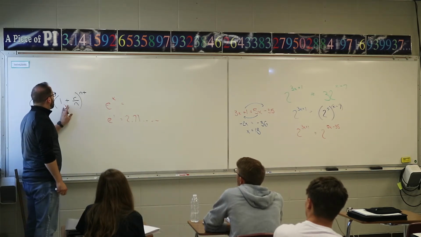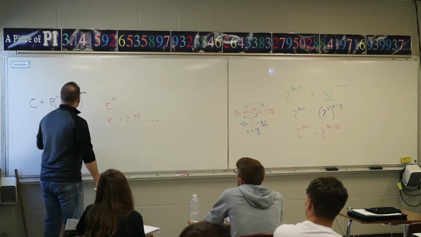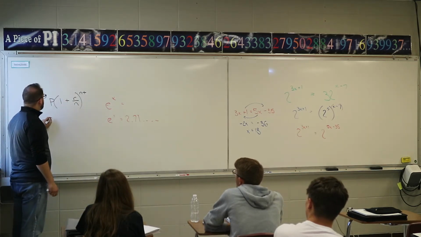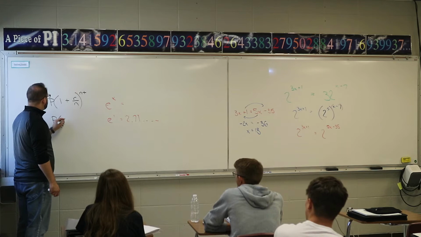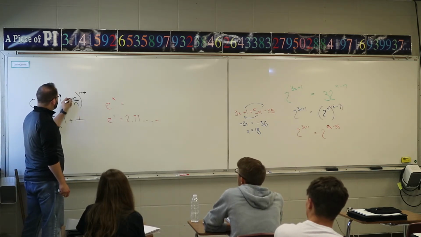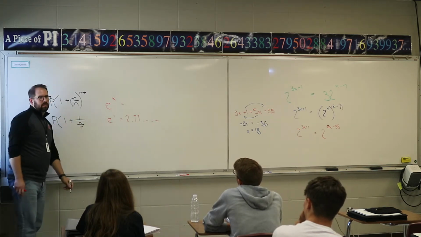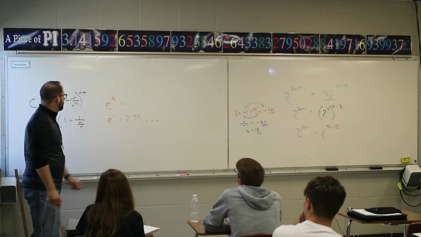And how they made this turn into e is they did this. First step, they made this a fraction by doing the reciprocal, moving the R to the bottom and writing it like this. There's a reason why they did that.